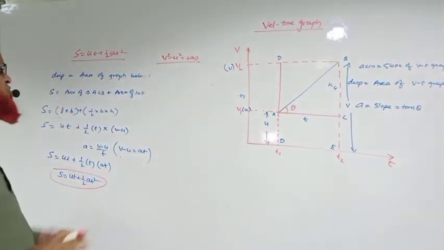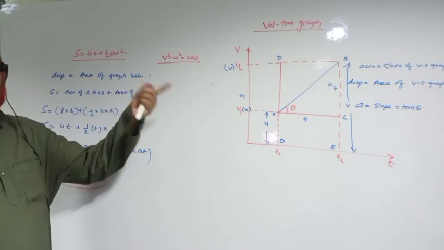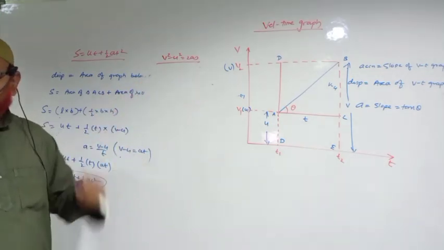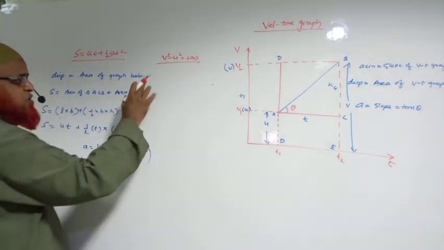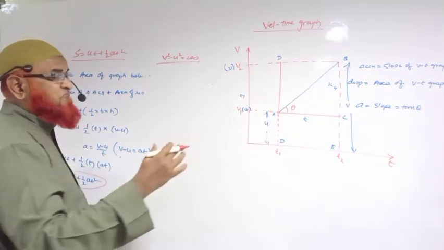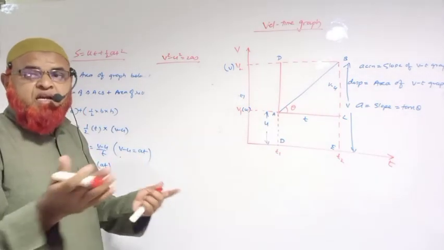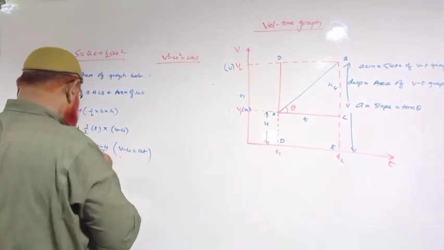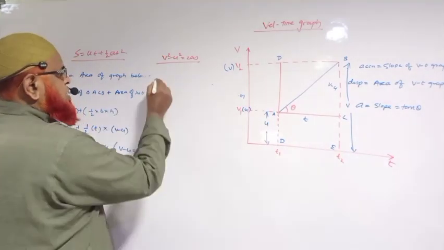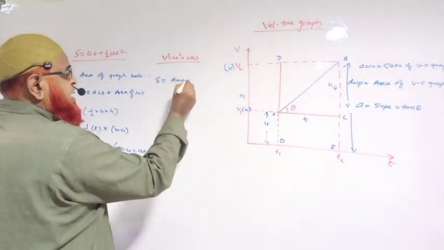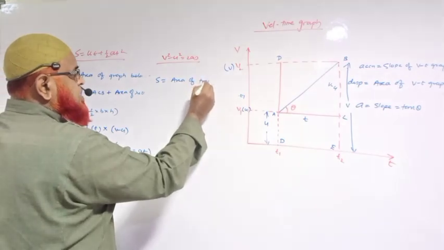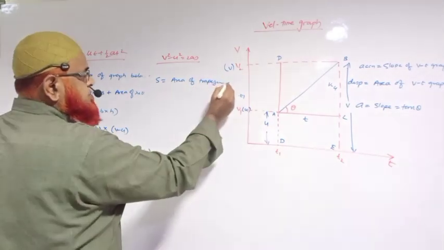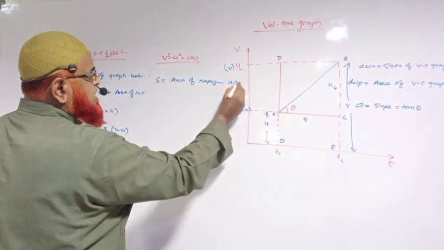In the second equation of motion also you have used the graph. You have found the area of the graph. But here also you can find out the area of the graph, but in a different way. How? That we shall discuss here. So displacement is equal to area of trapezium ADEB.